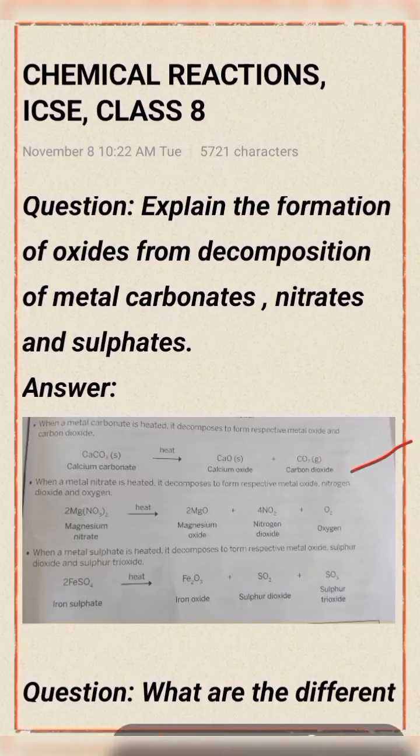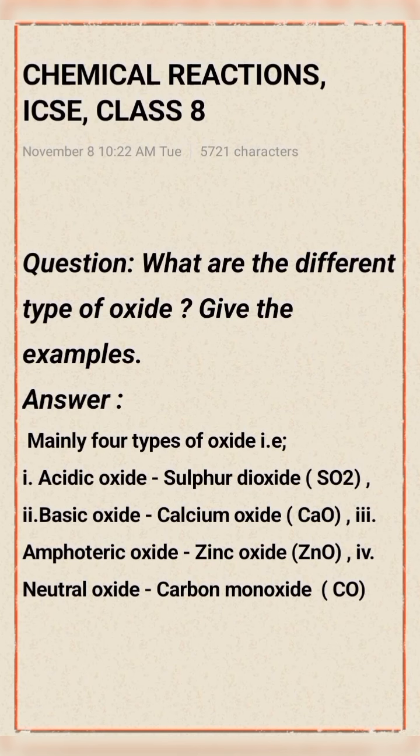Next part, when a metal nitrate is heated, it decomposes to form the respective oxide, nitrogen dioxide and oxygen. Next part for this question, when a metal sulfate is heated, it decomposes to form metal oxide, sulfur dioxide and sulfur trioxide. What are the different types of oxide? Give an example.